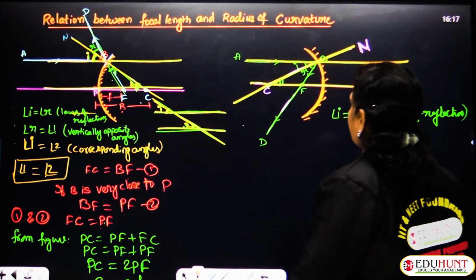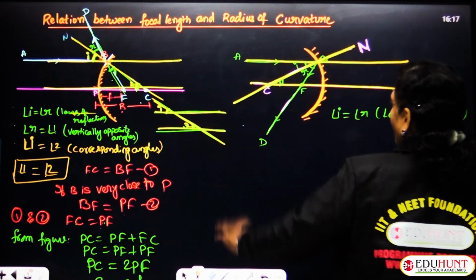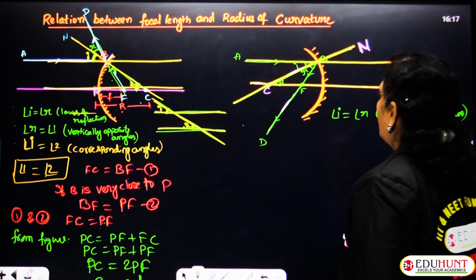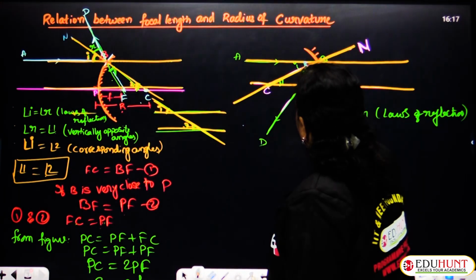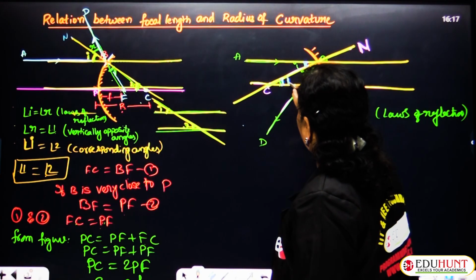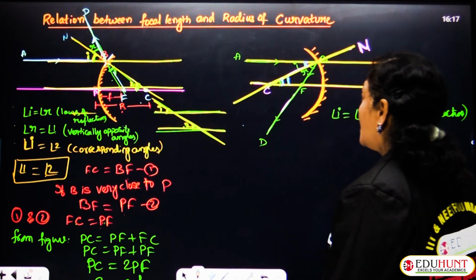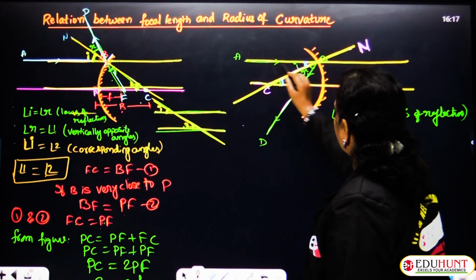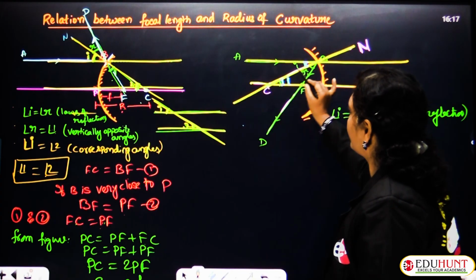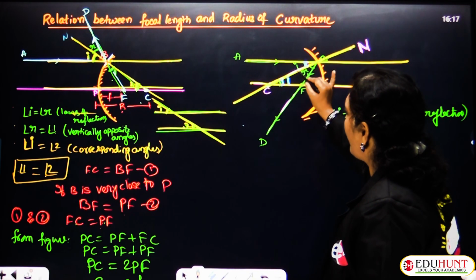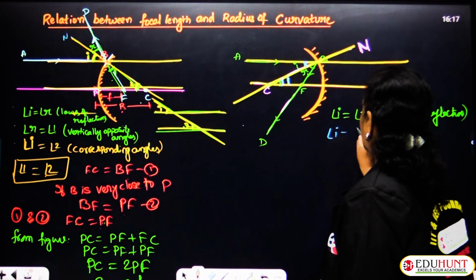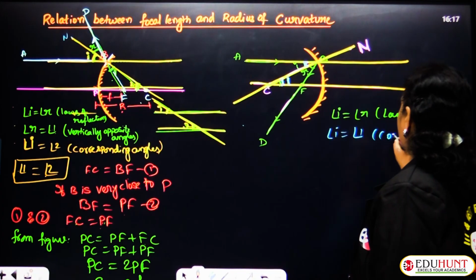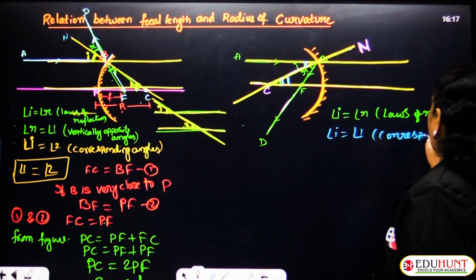In this, we can conclude that angle I must be equal to angle 1 because they both are corresponding angles. So clearly from the picture, angle I is equal to angle 1, the reason being that they are corresponding angles.